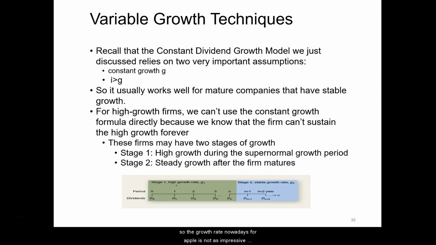So the growth rates nowadays for Apple is not as impressive as what you would see 10 years ago. That's why we can look at Apple's growth as maybe multiple stages. Stage one is when the new iPhone and iPad came out, very high growth rate. And then stage two is when they start to slow down and have a more stable growth rates.